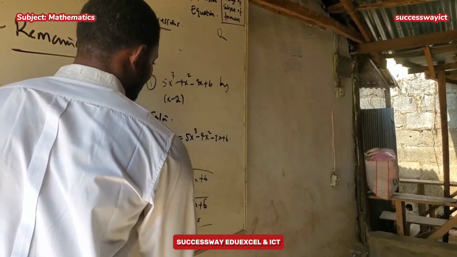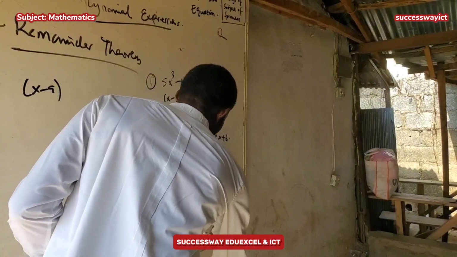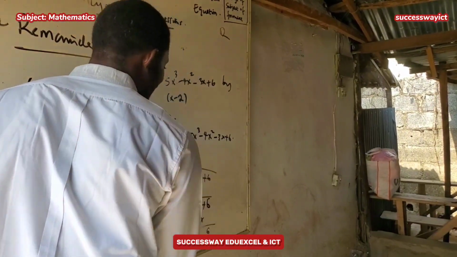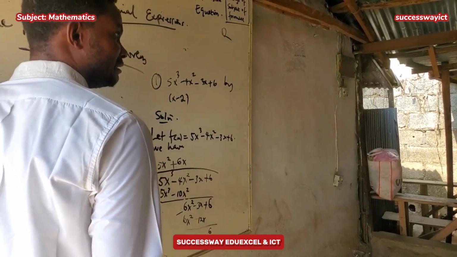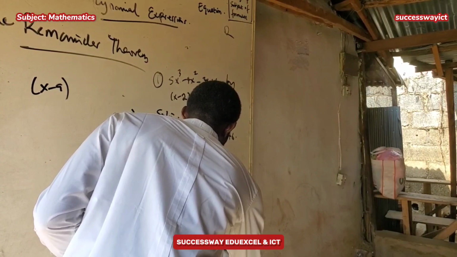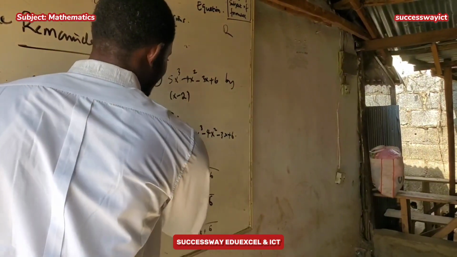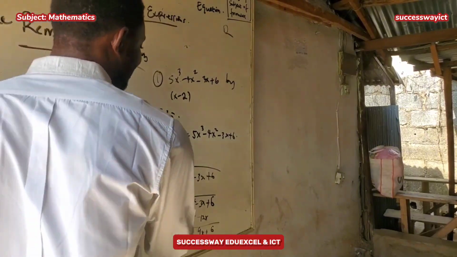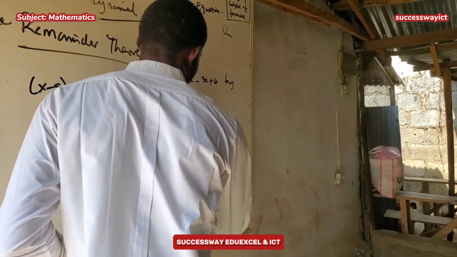You subtract. You have minus 3x minus minus 12x, which is 9x. Then 6x squared minus 6x squared is 0. Then x into 9x is what?